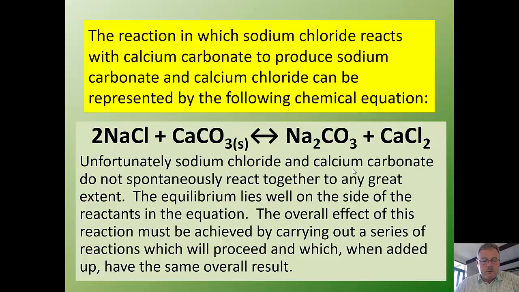So the overall effect is the equilibrium is way over on the left. You mainly have your reactants, not much of the product is formed. And so you need to carry out this reaction in a series of different steps, which will then proceed and end up at the sodium carbonate and the calcium chloride. Okay.